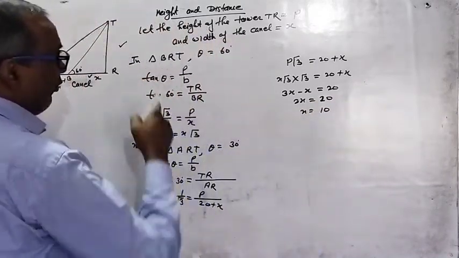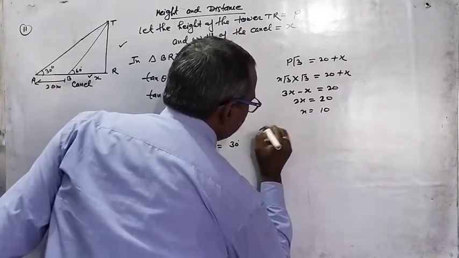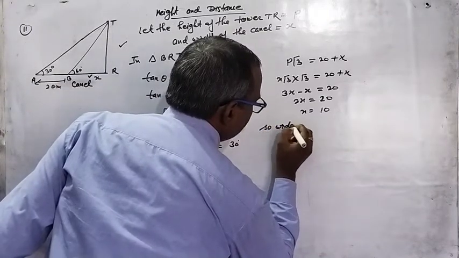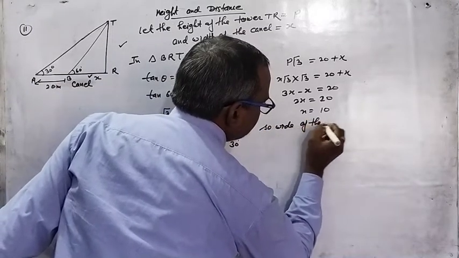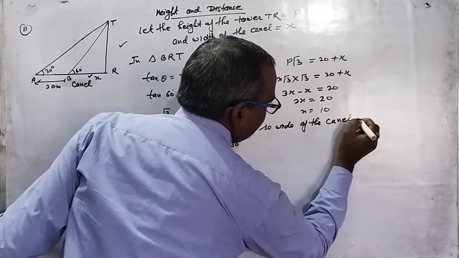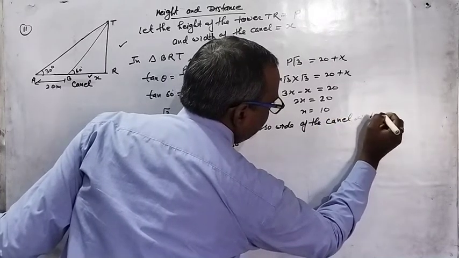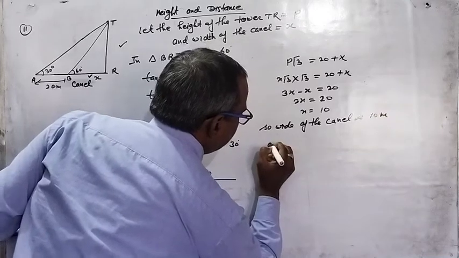It means width of the canal is 10 meter.